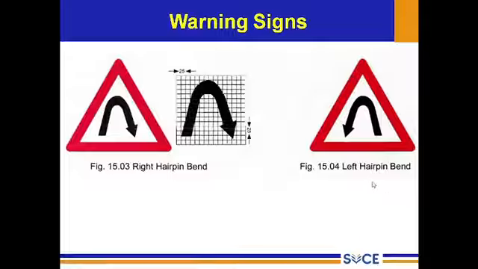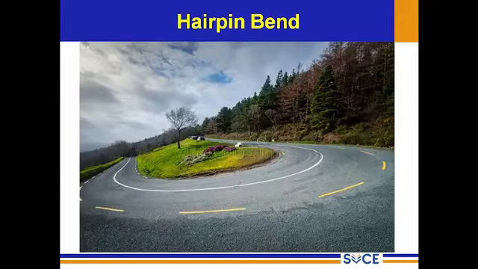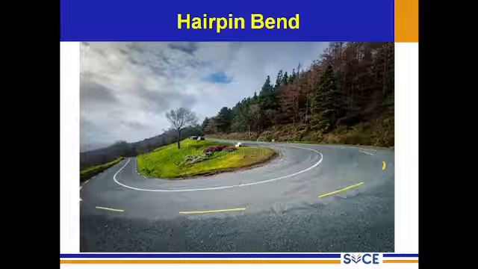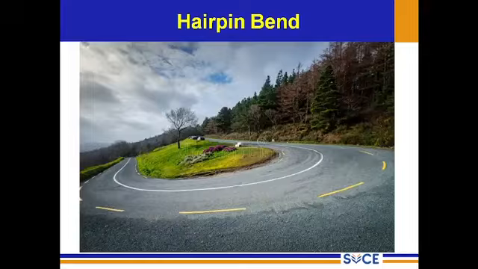The left hand hairpin bend curve is in the reverse direction, and all other things are the same. This is a typical hairpin bend in a hilly area. Usually it is located in hilly areas, so on either side, in both directions, you need to keep this signboard.